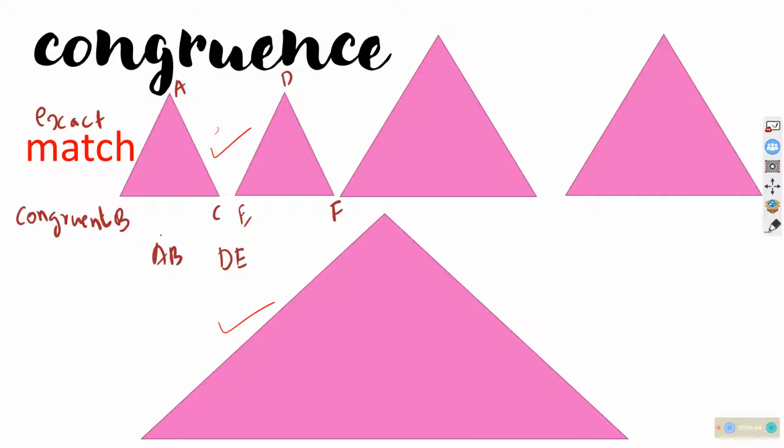If I am naming this triangle as X, Y, Z, then triangle ABC and triangle XYZ, are they congruent?